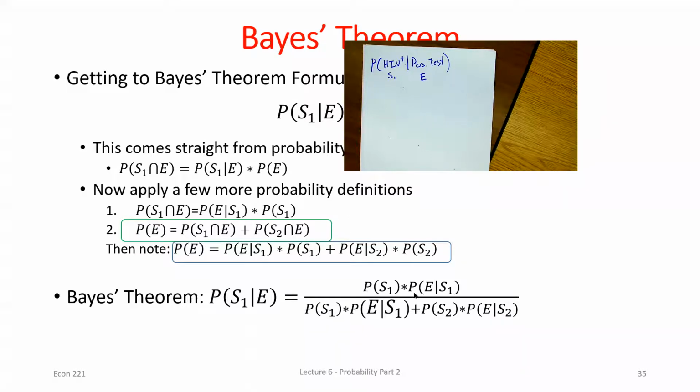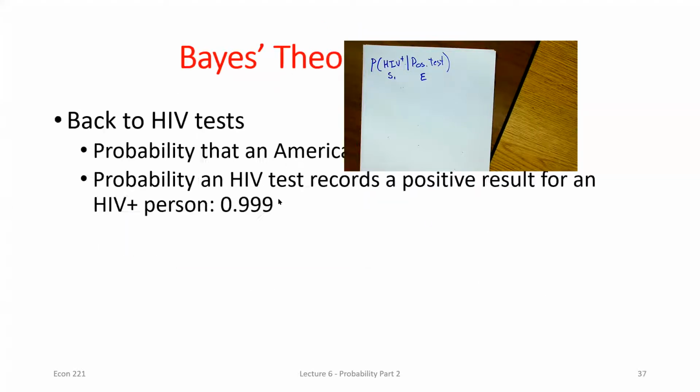I'm just going to write this equation out in the context of my example. Everywhere I see an S1, I'll write HIV positive. Everywhere I see E, I'll write I see a positive test result. Everywhere I see S2, I'll write what? If S1 is HIV positive, HIV negative. And I'll just write that out.